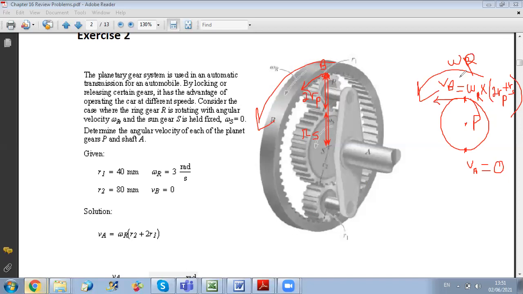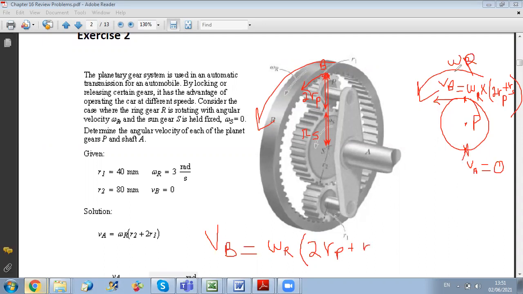Now that I know the velocity of point B, I will use it as a point on P. I can write VB in two ways. If B is a point of R, then VB is equal to omega R times the big distance to the axis, which is 2rp plus rs. But B is also on the small gear P, so I can write VB another way. Looking at the planetary gear, where is the instantaneous center?